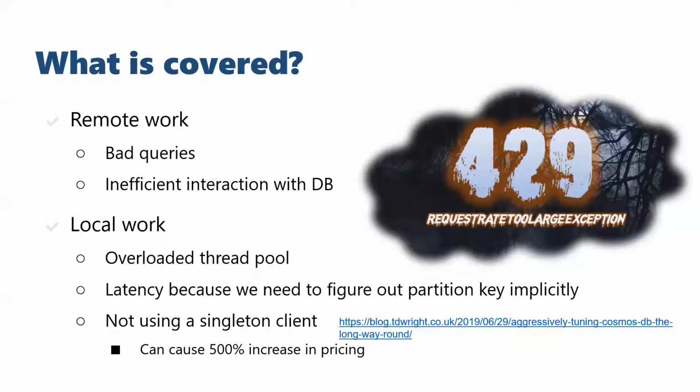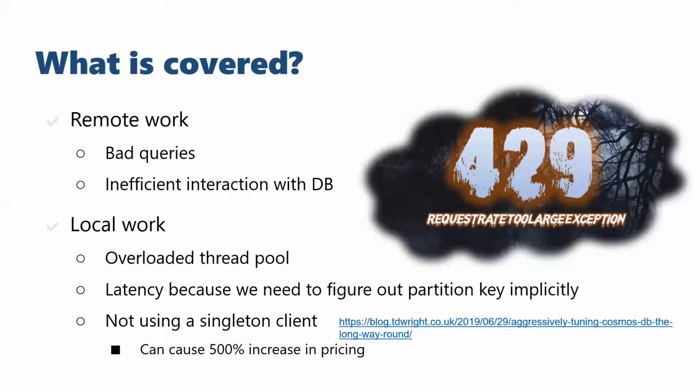And what that means is that if you have an overloaded thread pool, you're going to start seeing much higher latencies that are effectively going to be invisible to you. Because from the point of view of the CosmosDB monitoring tools, the queries are fast. It's just that from the client side, you're unable to schedule them fast enough to matter. And that can be a horrendously complex problem to try to solve.